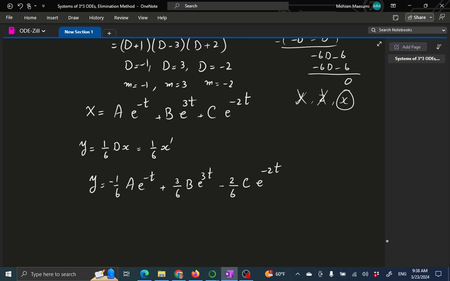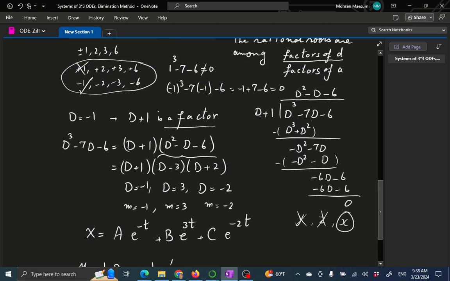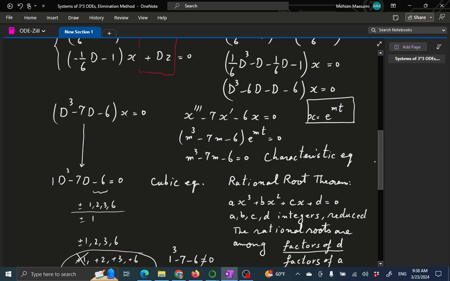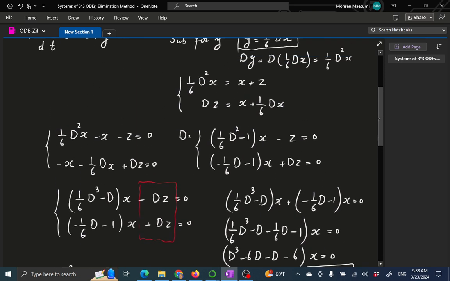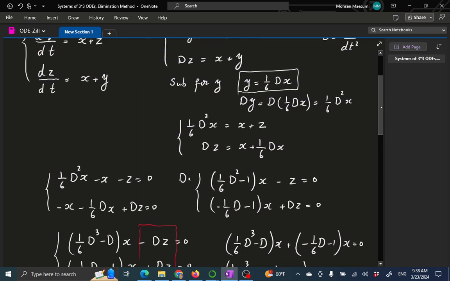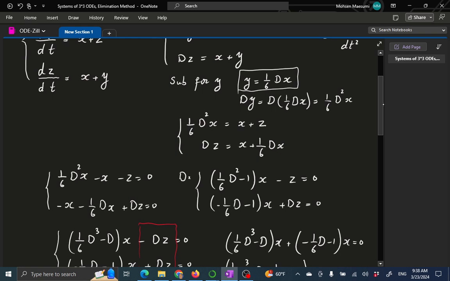How about z? What is the easy substitution for z? Let's go back and see what we can find in our equations. Perhaps the easiest one is to use this, because it's telling you that z is 1/6 of D squared minus 1 times x.